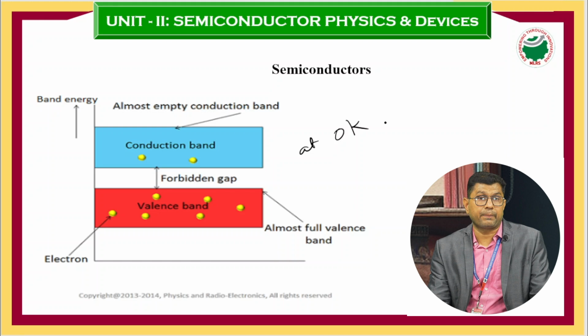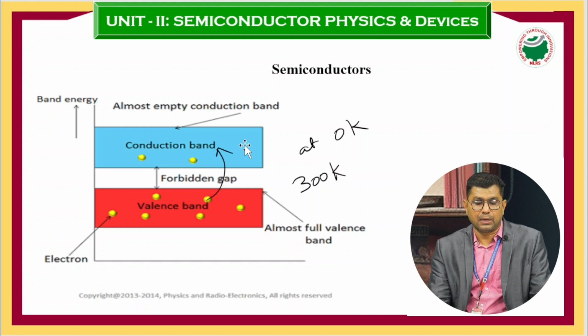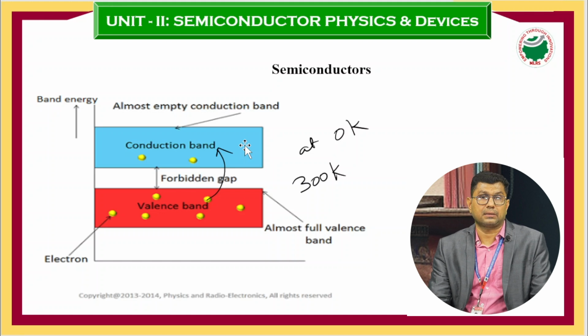At room temperature, approximately 300 Kelvin, these electrons gain energy and are excited to the conduction band. That's why at room temperature, semiconductors act like partial conductors.